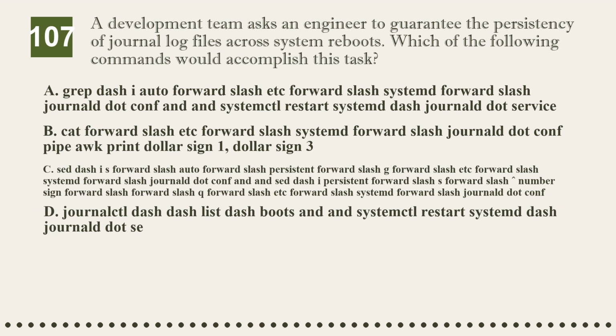Question 107. A development team asks an engineer to guarantee the persistency of journal log files across system reboots. Which of the following commands would accomplish this task? Option A grep -i auto /etc/systemd/journald.conf and systemctl restart systemd-journald.service. Option B cat /etc/systemd/journald.conf | awk '{print $1, $3}'.